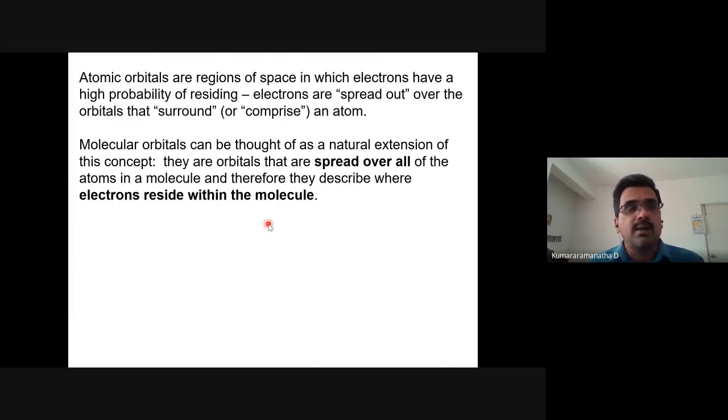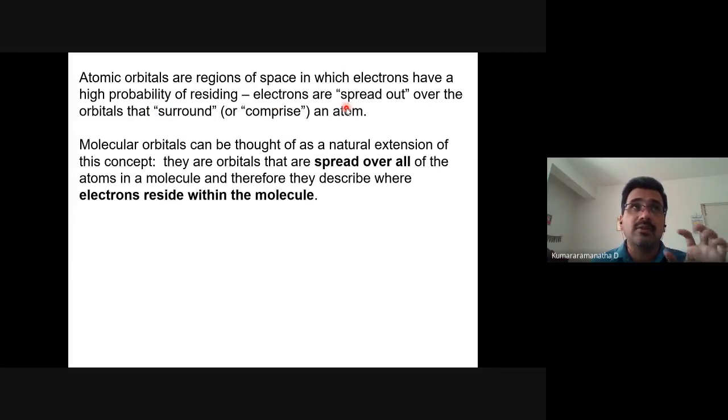Now, as I told you, you should understand no longer electrons alone, you need to understand atomic orbitals. This is the same in the case of valence bond theory and so on. In atomic orbitals, these are the regions in space where you have a high probability of finding an electron.